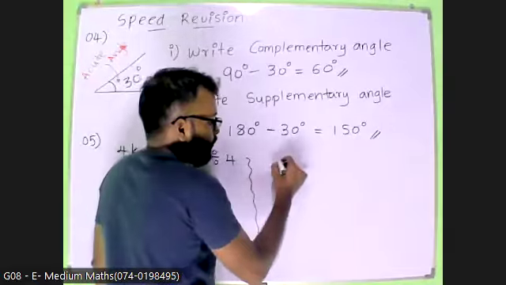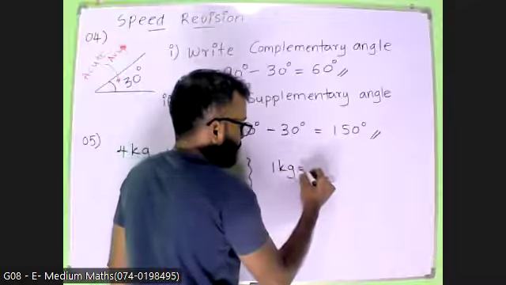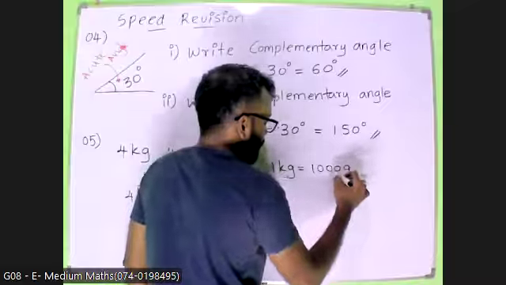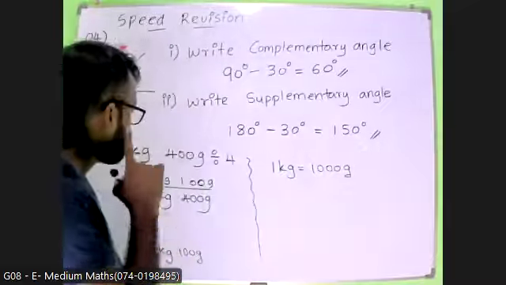So, how many grams are there for 1 kilogram? 1000 grams. Right?